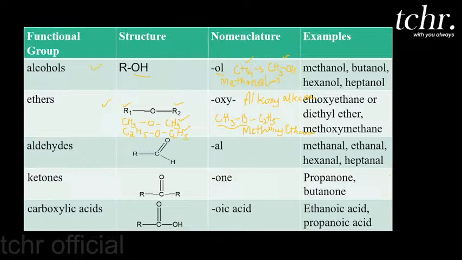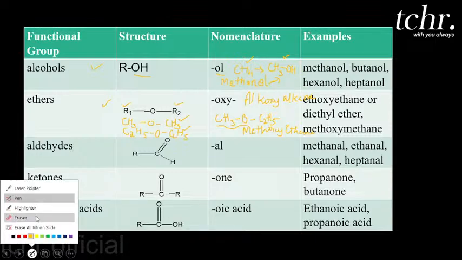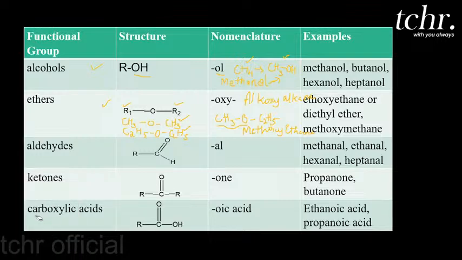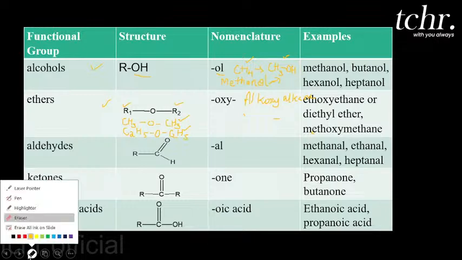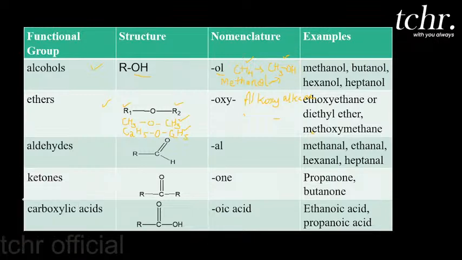Okay. Now we'll move on to the next functional group, that is aldehydes. So aldehydes, ketones and carboxylic acid, all the three together we call them as carbonyl compounds. You observe here, aldehydes, ketones and carboxylic acid.